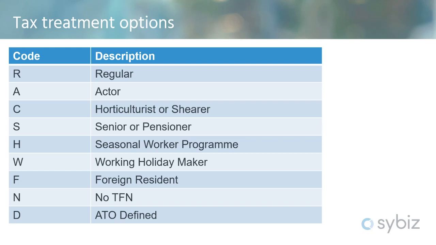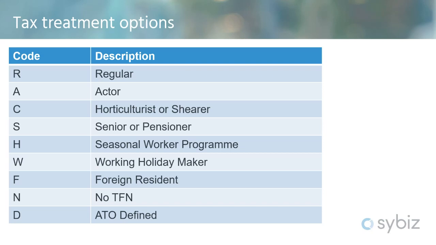So the tax treatment options available from that drop down, most of your employees are going to be set to regular, and you are going to have the working holiday makers there as well. But there are new categories for no TFN and ATO defined. So, for example, if you have a downward variation that's legitimate and signed off by a letter from the ATO that you can have a fixed tax rate for an employee, then you can use the ATO defined.